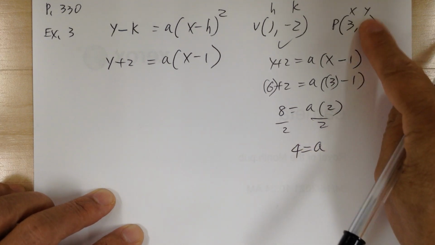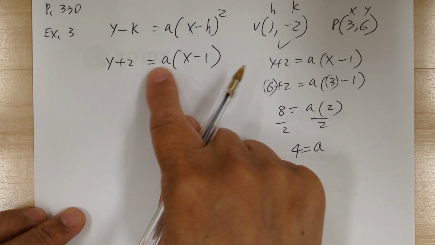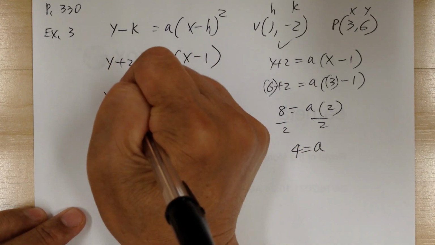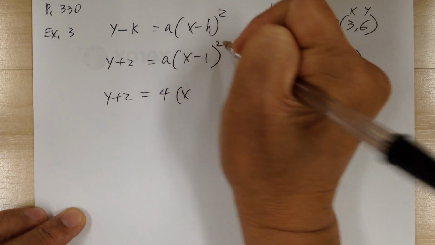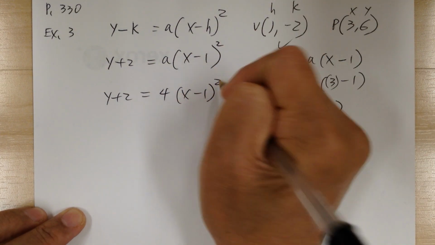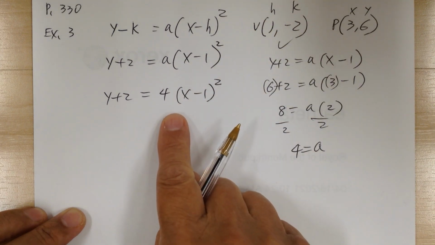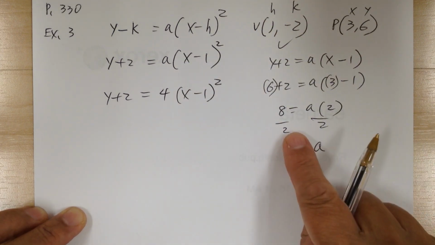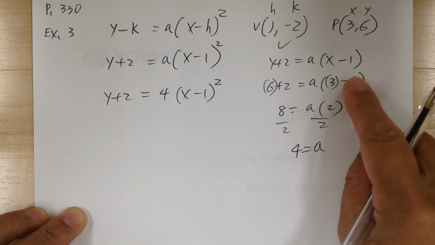Once you use this point to find a, you come back over here to finish your equation. So you got y plus 2 equal to 4 times x minus 1 squared. Wait, let me double check my math.